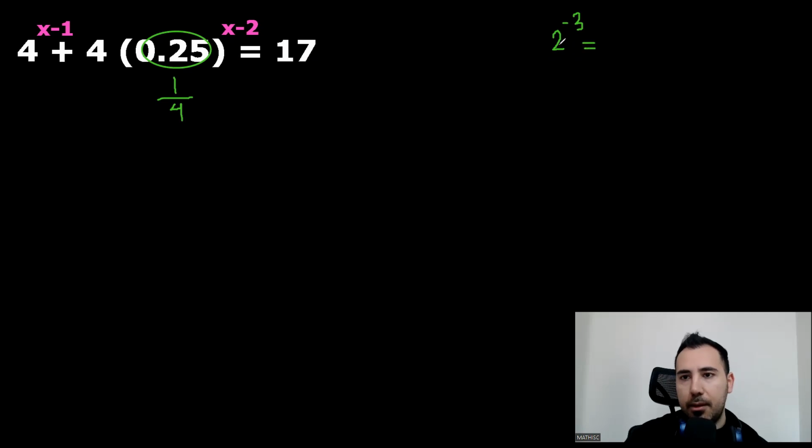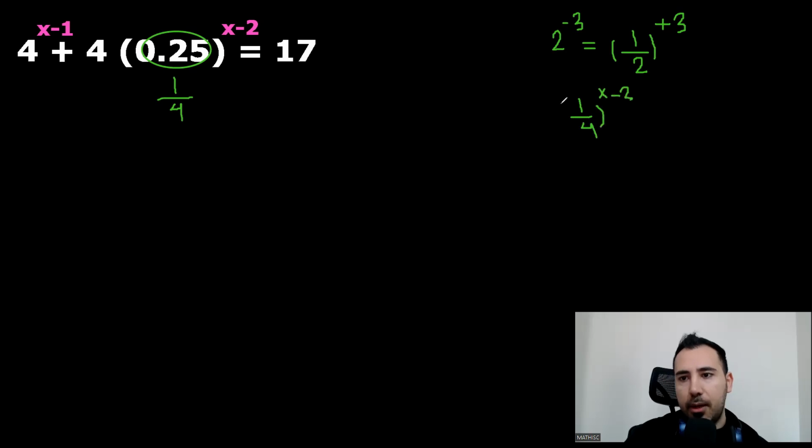Well, it becomes 1 over 2 to the power of, instead of negative 3, positive 3. Now, if we apply the same rule here, it's 1 over 4 to the power of x minus 2.